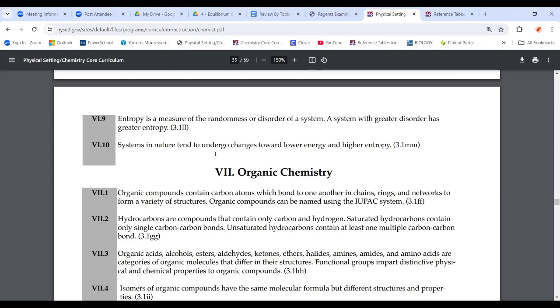So anytime you're going towards a solid from a gas or a liquid, you're reducing entropy because everybody's lining up and becoming more orderly. If you're going from a solid to a gas, you're becoming less orderly, so your entropy is increasing. And basically, a lot of systems in nature tend to go towards lower energy, like they're losing energy as things are happening to them, and that's increasing their disorder.